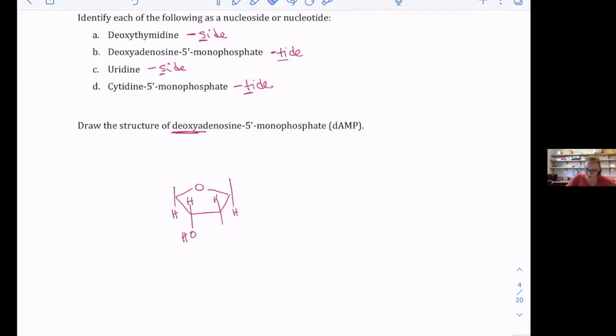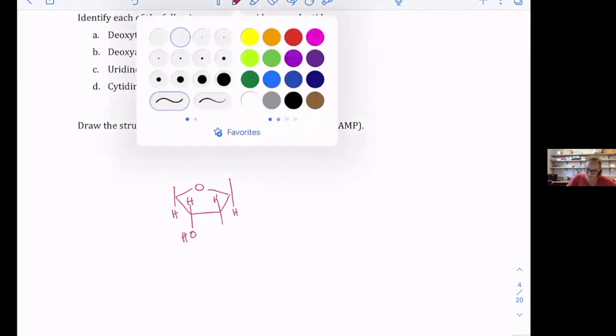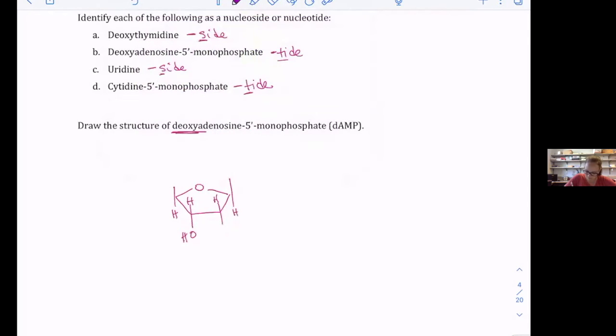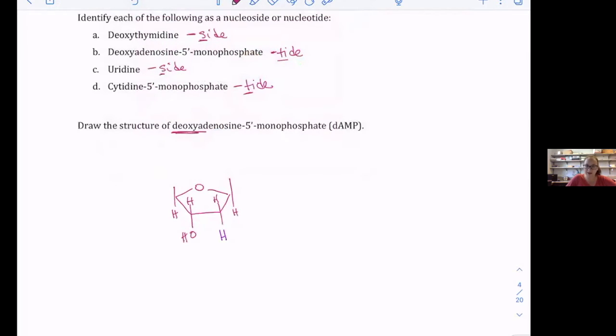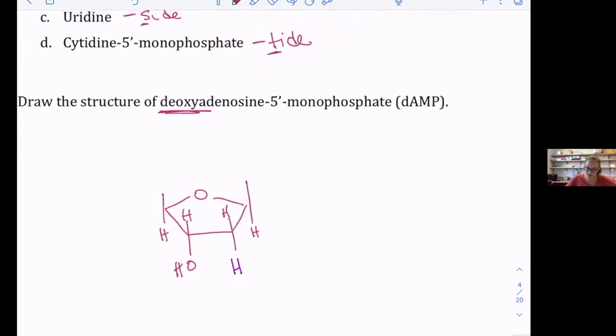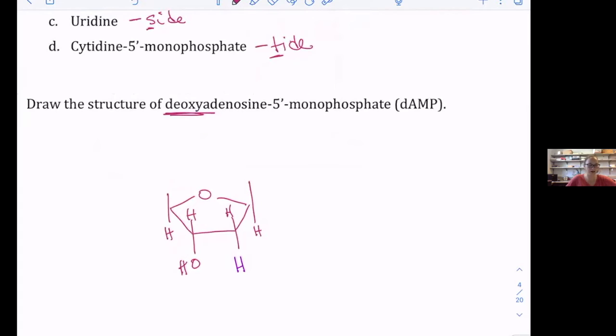Let's put that in a different color. So deoxy, so we have our hydrogen there. Then we need to add in our adenine base to make this an adenosine. So I have my cheat sheet on the side right here that I'm looking at.